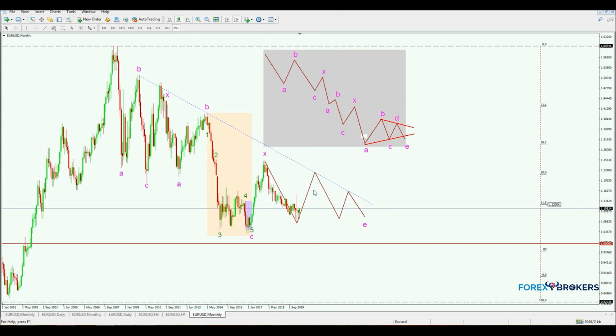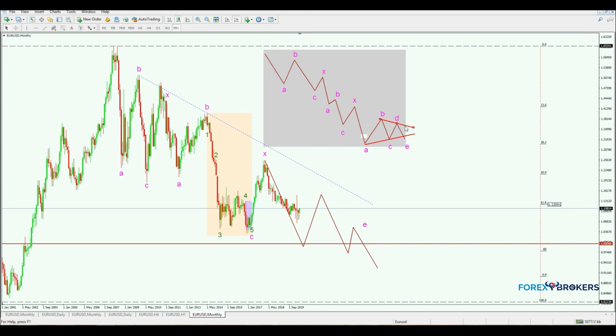On the other hand, the triangle can go like this. So this is one possibility for the triangle. Another possibility would be that the market forms wave A, which is not completed. Then it goes with the B wave, C wave, D wave, E wave. Is it possible?